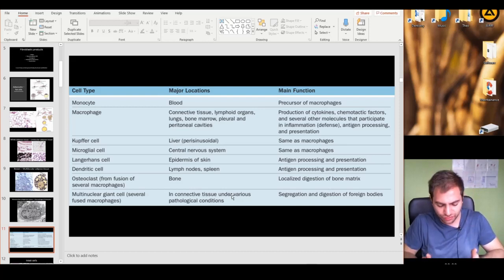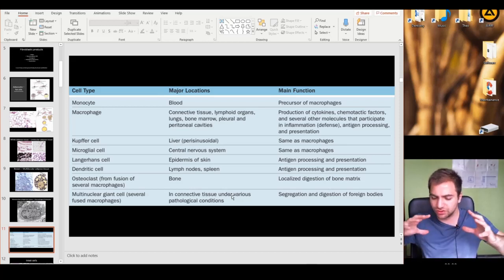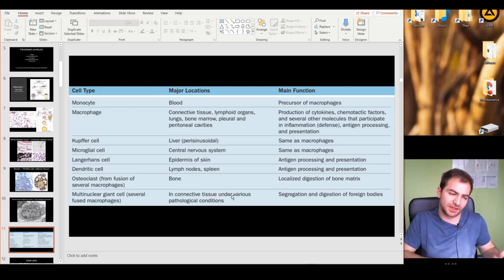The macrophage is responsible for phagocytosis and the production of cytokines and chemotactic factors. It's one of the biggest orchestrators and maestros of the immune defense, both primary and secondary, both the innate and adaptive immune system.